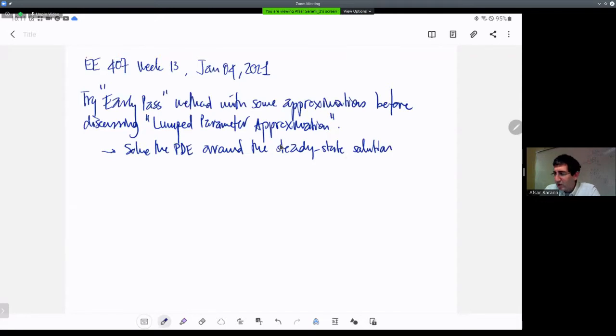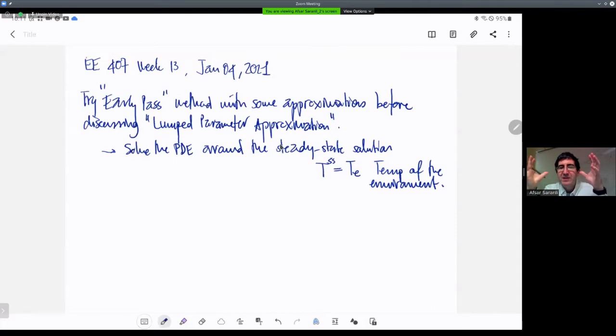Okay, so let's say that our steady state solution is TE, which is the temperature of the environment, the ambient temperature. So we assume that we let the system settle in the ambient temperature.